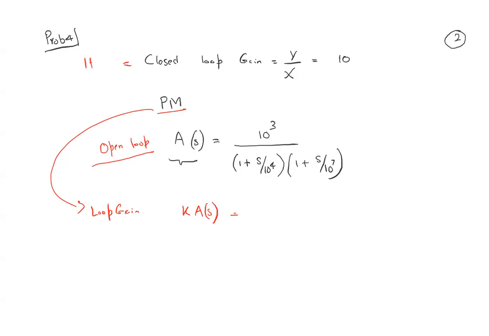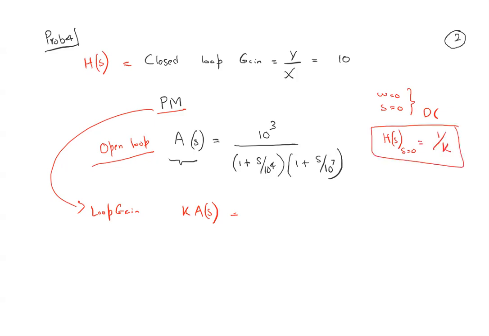If this is H of S, the closed loop gain at omega equal to 0, at S equal to 0, or at a DC value, H of S at S equal to 0 is equal to 1 over K. How?